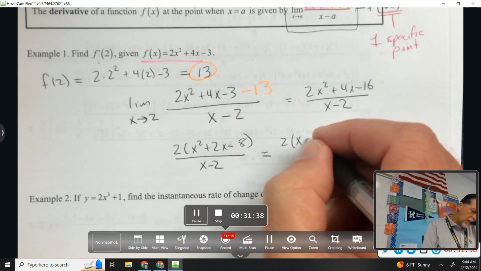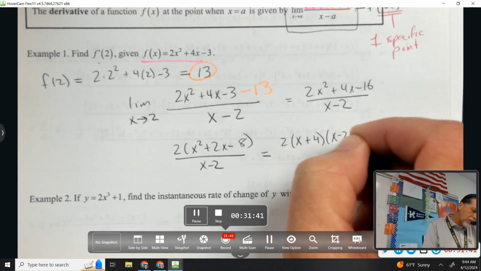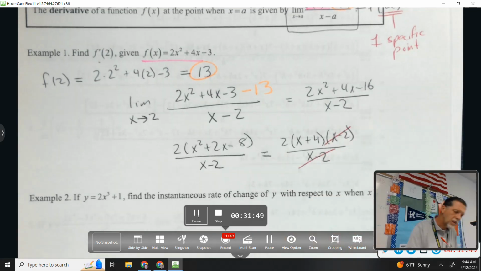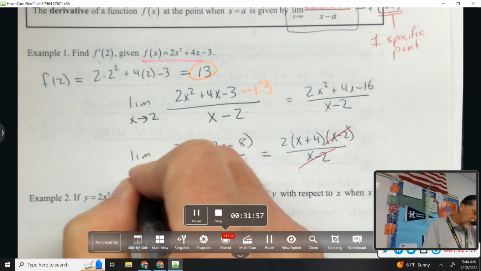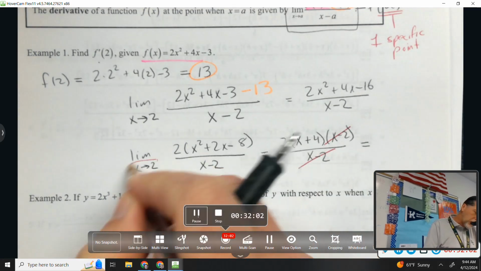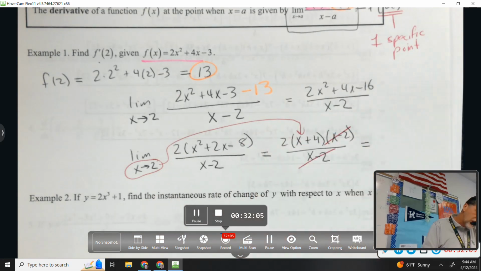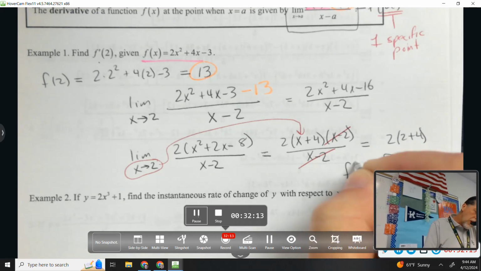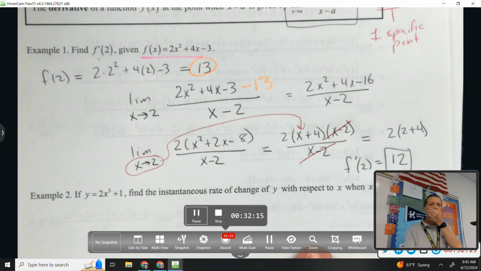X plus 4 and x minus 2. Aha! What do you know? The x minus 2's cancel. So yes, that puts a hole there, but we're not worried about a hole because we're just talking about limits as x approaches 2. So I can now substitute 2 in for x. 2 times 2 plus 4, 2 times 6 is 12. So the slope at 2 is 12.